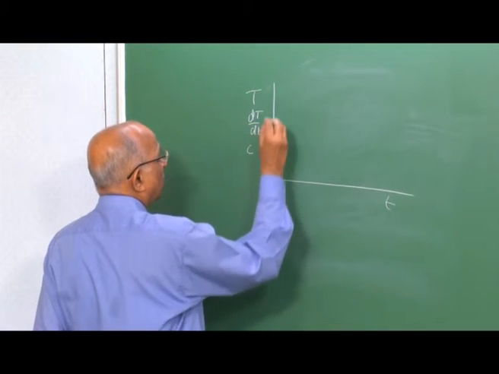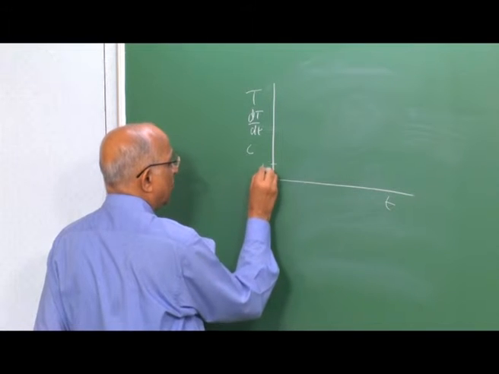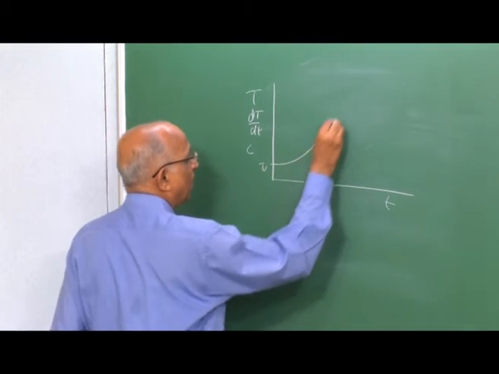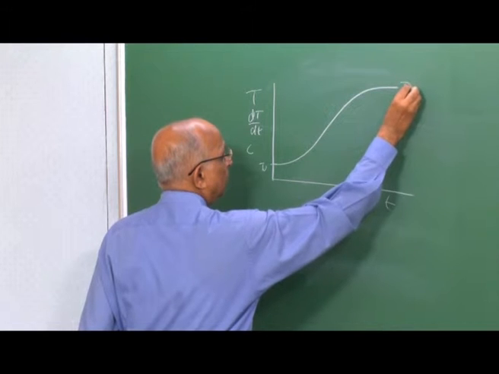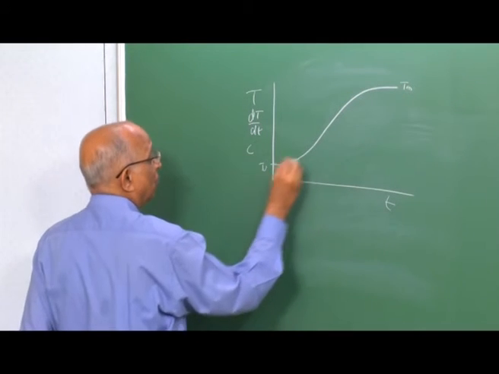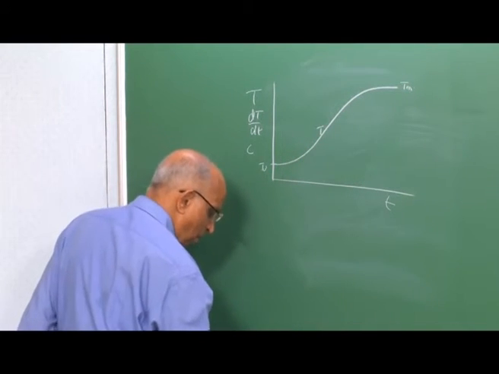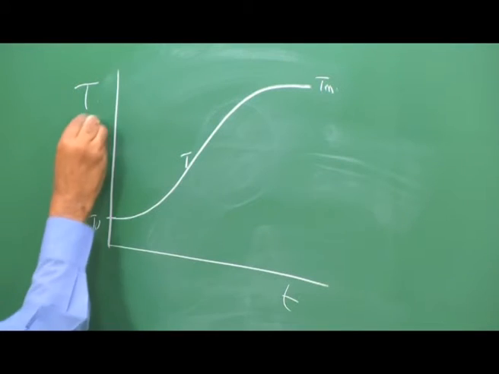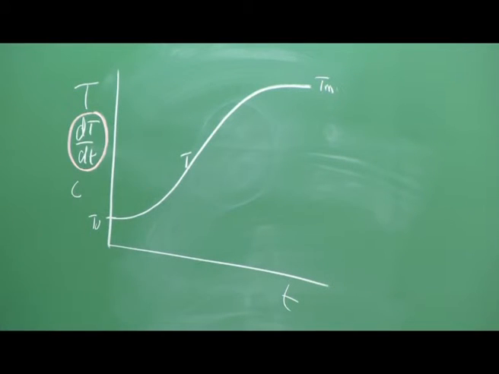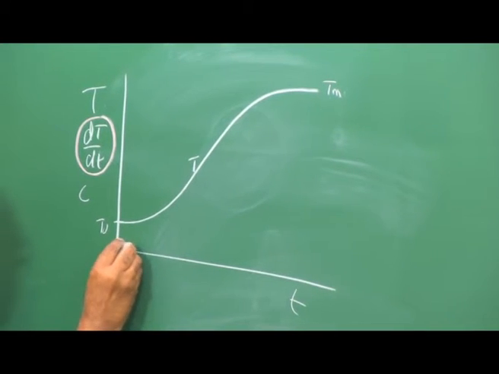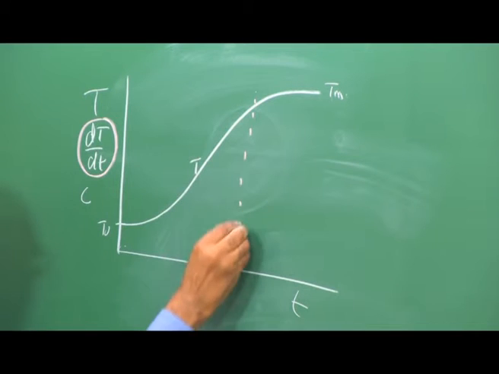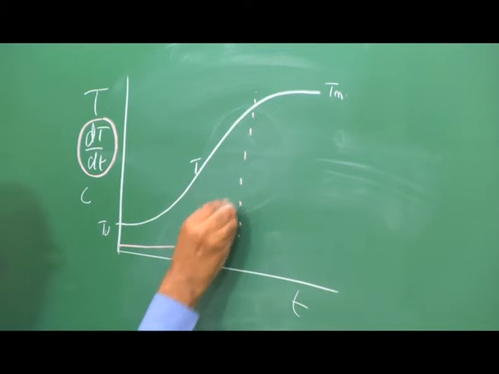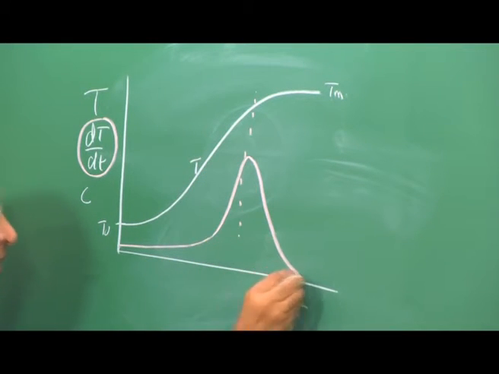Well, let us first plot this. It starts with a temperature T naught and it goes to a maximum value Tm. This is the value of T. Let us now plot the rate of temperature increase. Well, it starts at a low value, maybe somewhere over here the peak occurs, it goes like this, peak occurs and comes back over here.